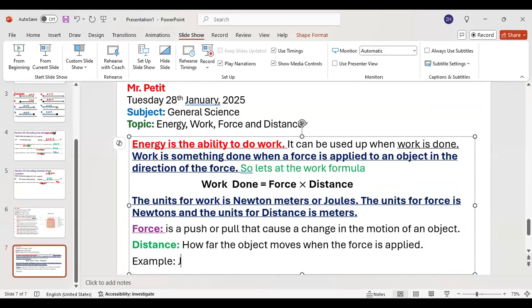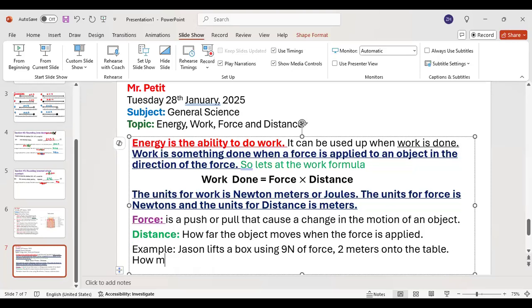Jason lifts a box using 9 newtons of force, 2 meters onto the table.